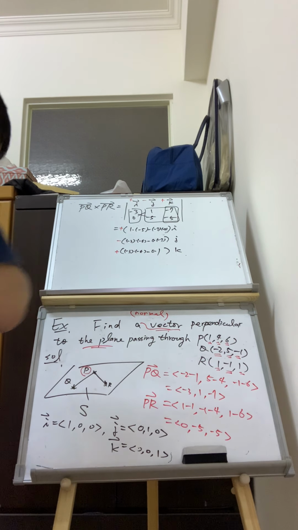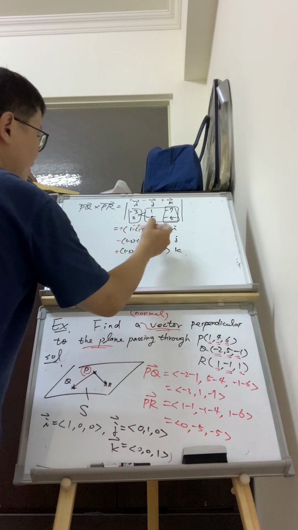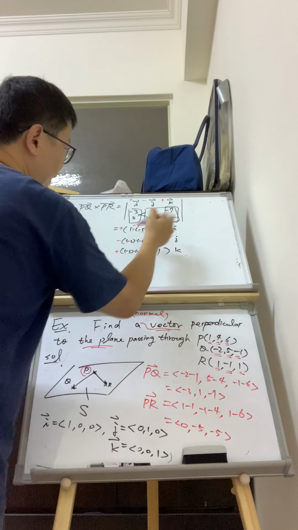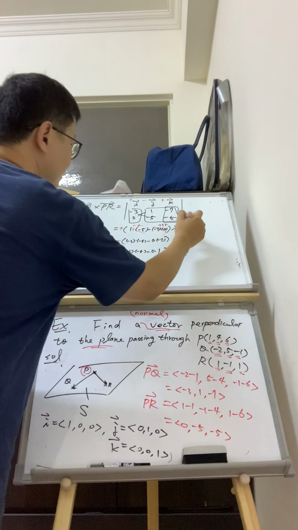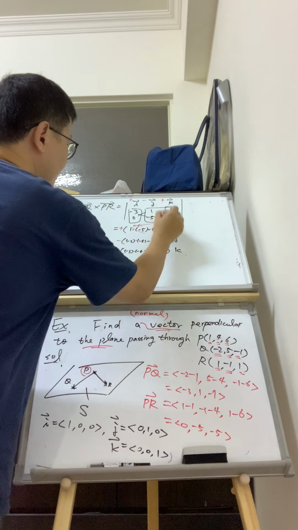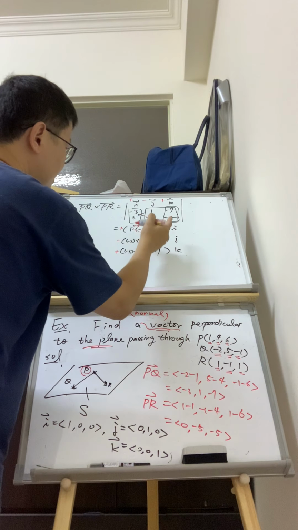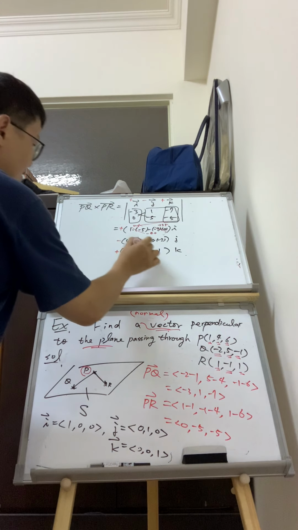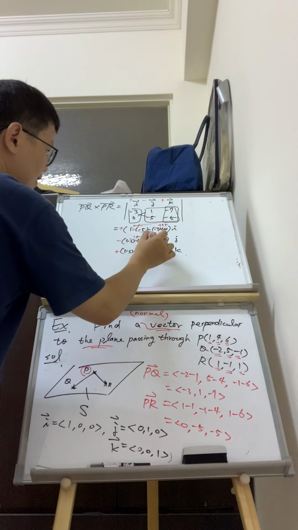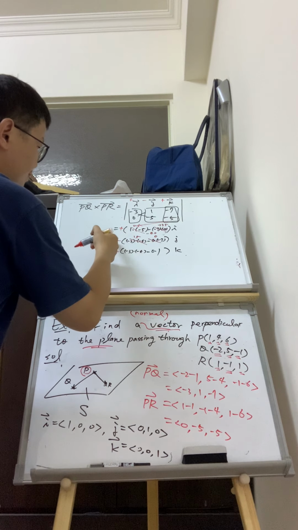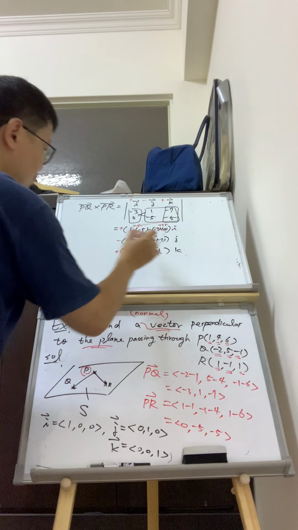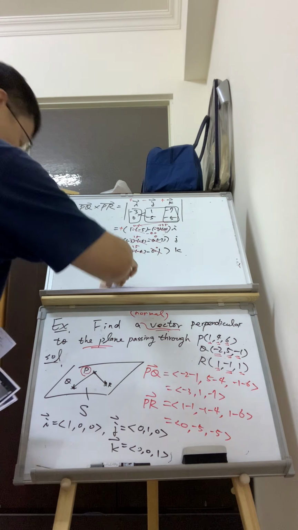Now we compute. 1 times negative 5 is negative 5, and subtract 35, so the i component becomes negative 40. For j, it's 15, and we subtract it, so it's negative 15. And for k, it's 15 subtract 0, so it's still 15.